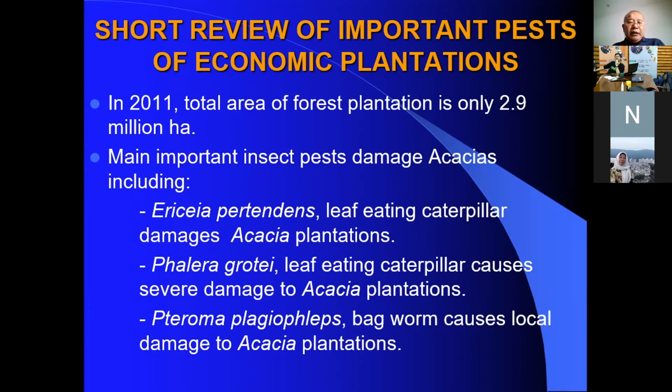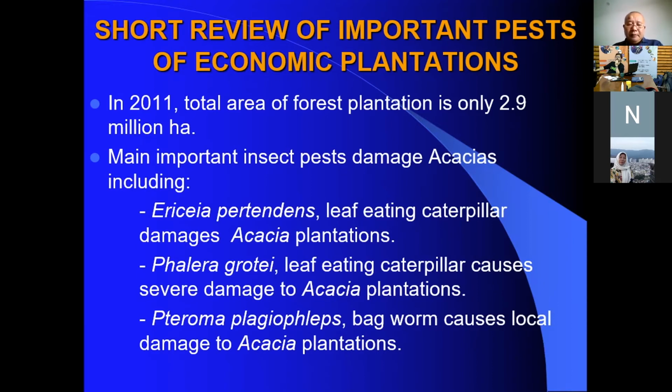The main important insect pests damaging acacia include Ericeia pertendens, a leaf-eating caterpillar damaging acacia plantation in many ecological zones. The second one is Phalera grotei, a leaf-eating caterpillar causing serious damage to acacia plantation in central Vietnam.